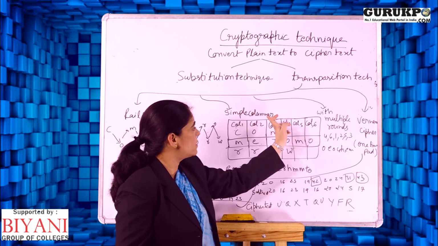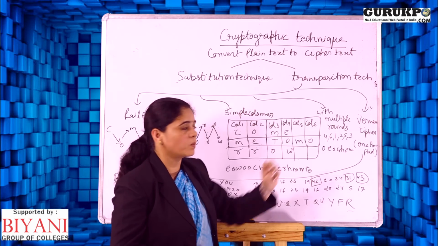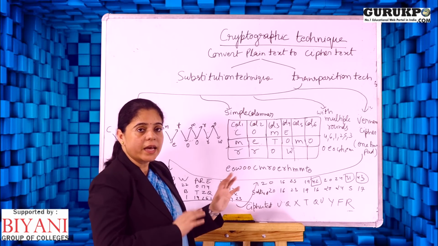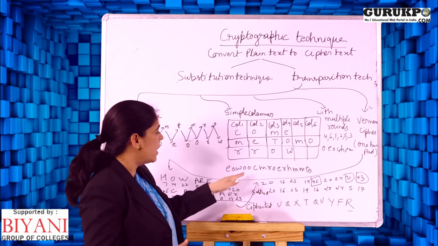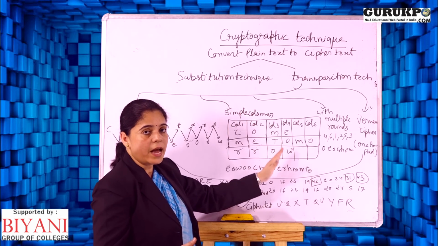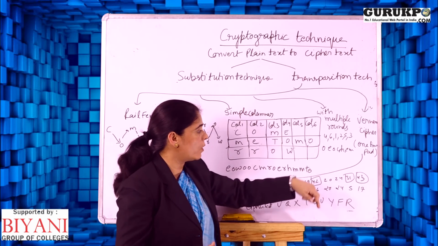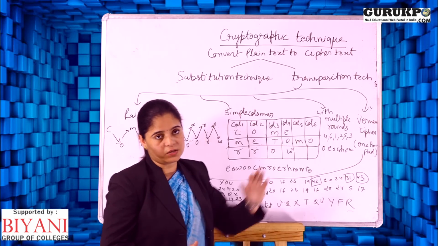A modified version of the simple columnar is the multiple rounds version. Suppose this is the ciphertext from the simple columnar. Then we modify this ciphertext again, arranging this text into columns, and the sequence is 4, 6, 1, 2, 5, 3. Now the ciphertext will be O, E, O, C, H, and so on.